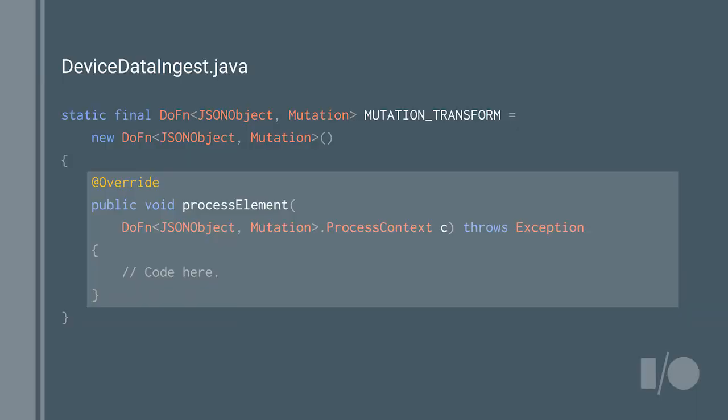So here's how I'm going to write my actual mutation transform. I can write code for Cloud Dataflow that will define how to process each record that comes in to Dataflow. We're going to be reading from PubSub, so each message that comes into PubSub is going to be passed to my transform, and then this process element is going to be called in order to actually process that.